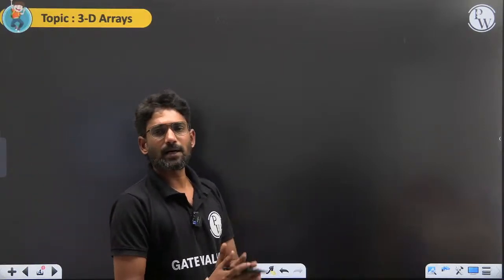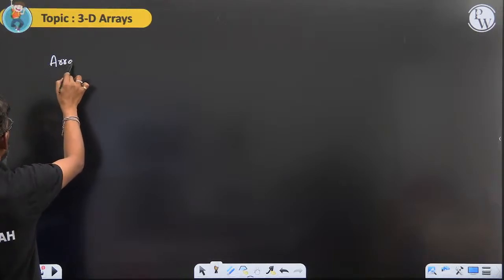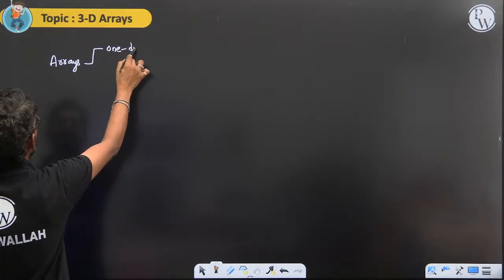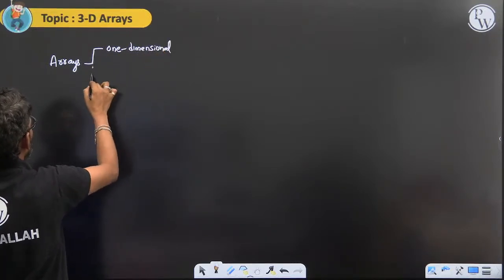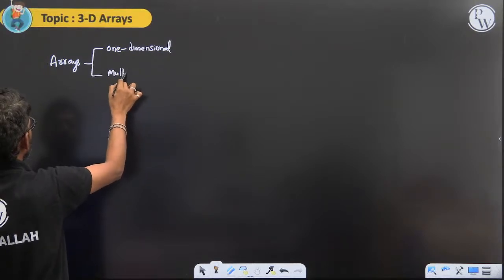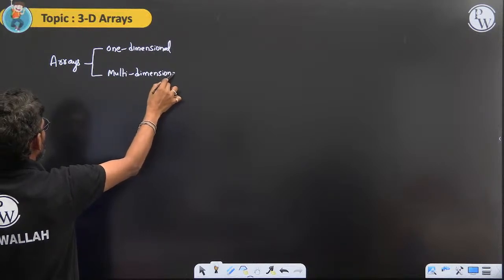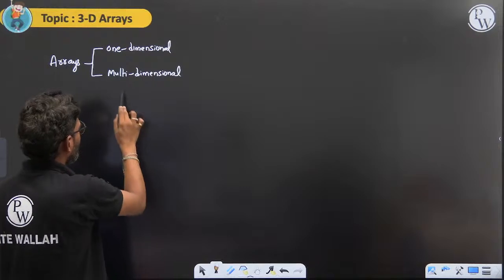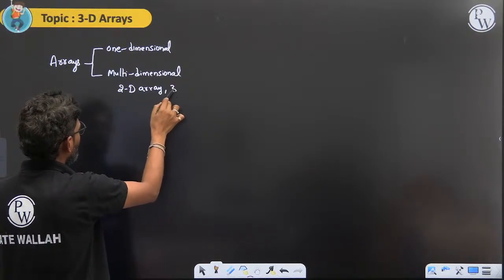First of all, we know that arrays are basically classified into two types, which are one-dimensional array and multi-dimensional array. Under multi-dimensional array, we get 2D array, 3D array, 4D array and so on.